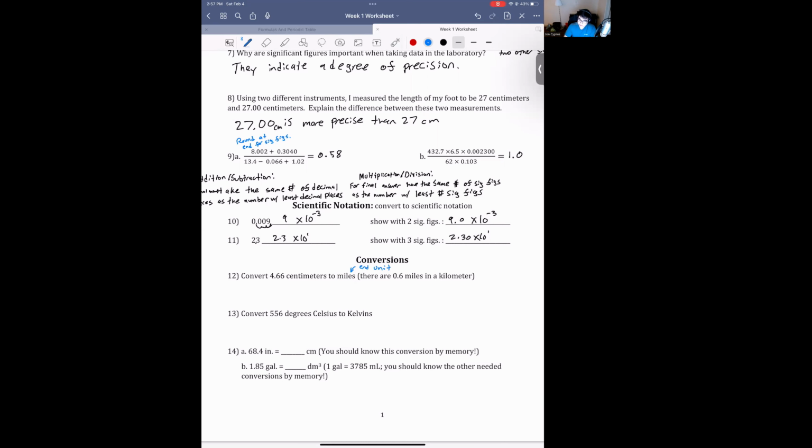So I start with 4.66 centimeters. Now you're going to see me always put this over 1. It's just because I like to do that. It just makes it look nice when you're horizontally multiplying. So 4.66 centimeters times what, right? We have 0.6 miles in a kilometer. Now, can you convert directly from centimeters to kilometers?